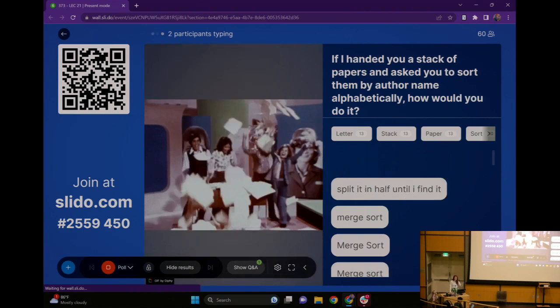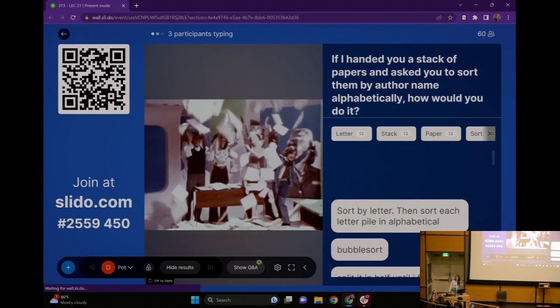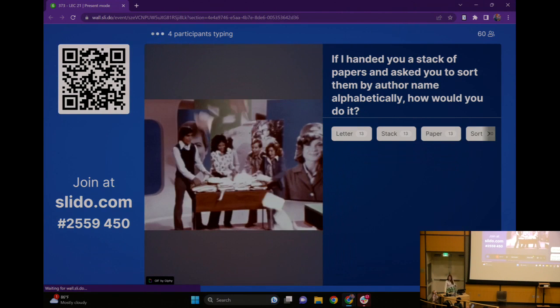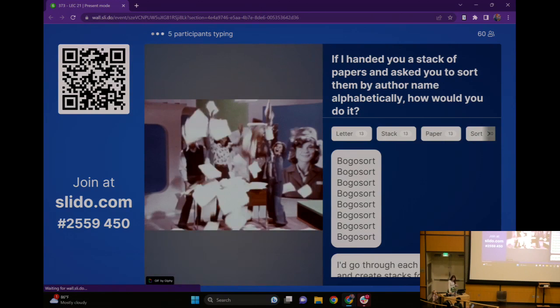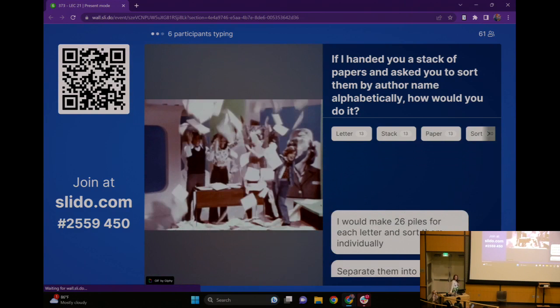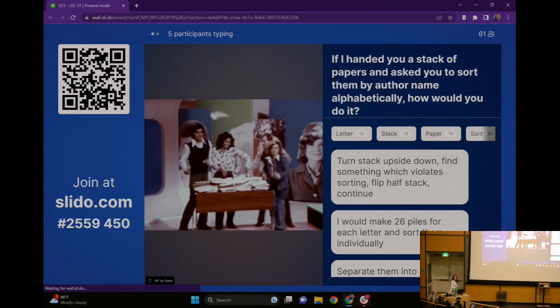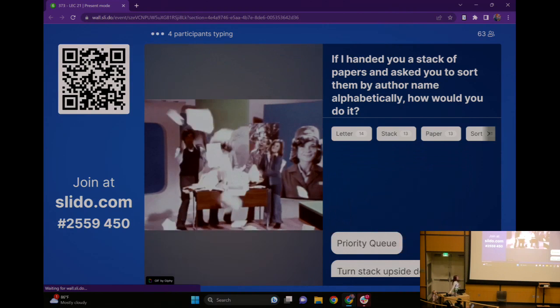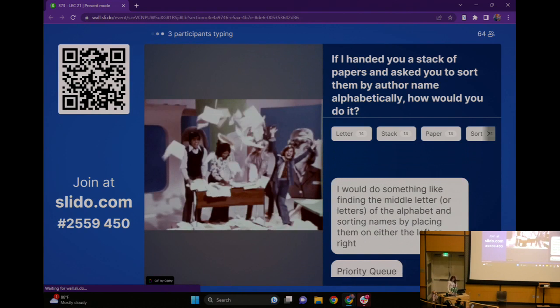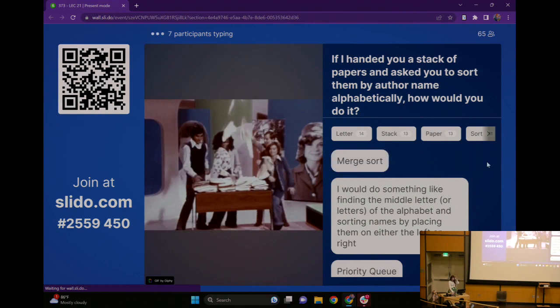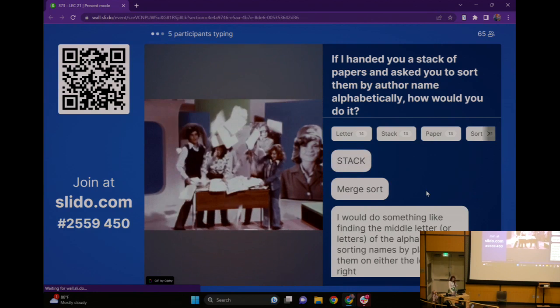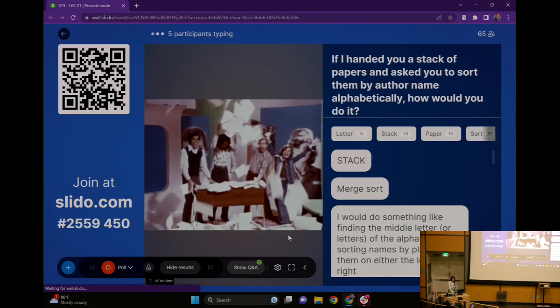Some of us are looking ahead. Some of us are just calling out sorting algorithms by name. We're fancy. BOGO sort. Effective. Efficient. These are interesting, actually. Let's see, can I scroll through these?